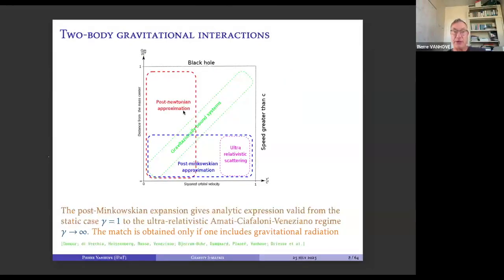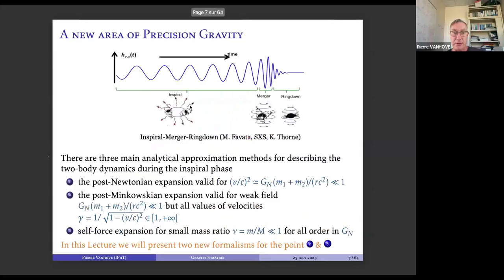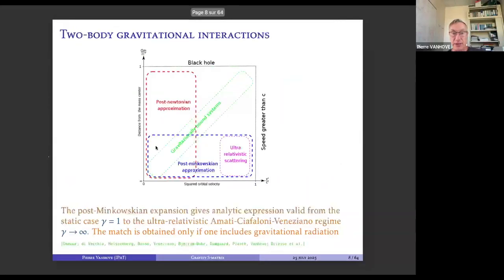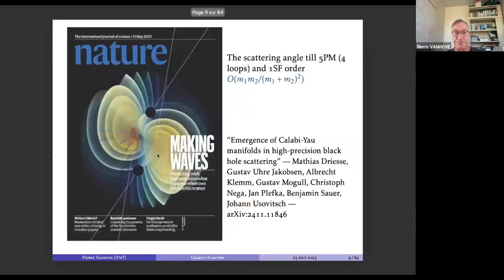And as I said, the point is that you want to have something, so this is G Newton, this is the velocity, so you want a computation that allows you to study the event in the whole range of velocities.